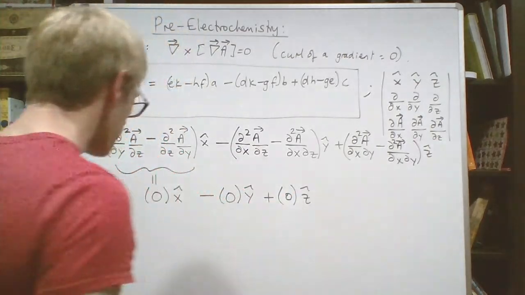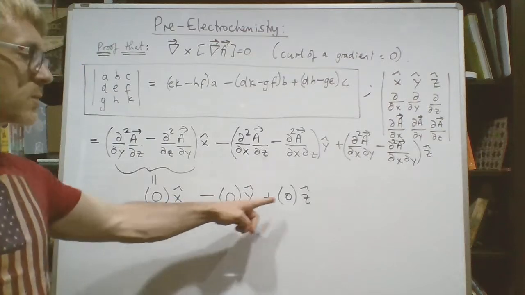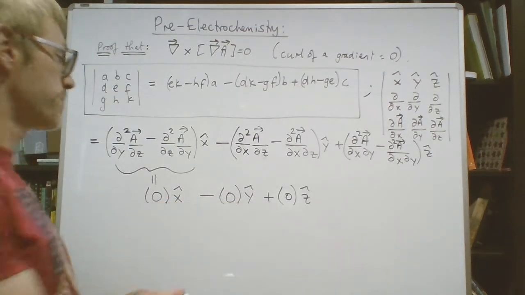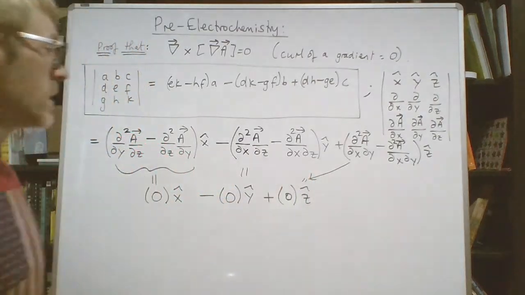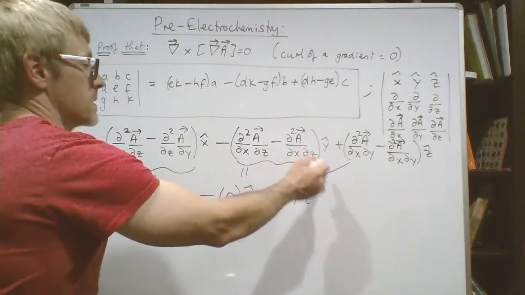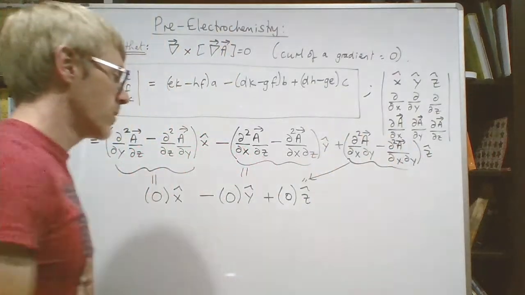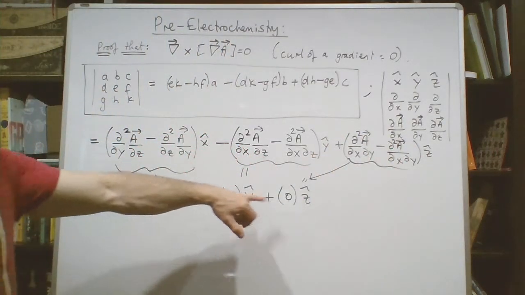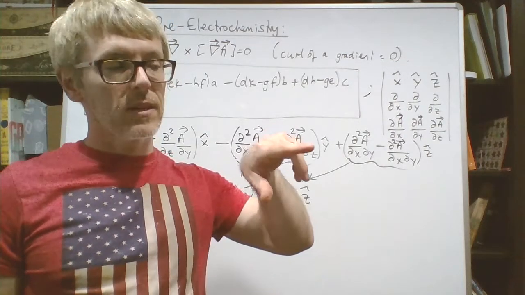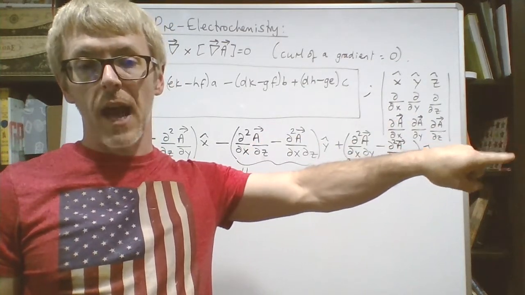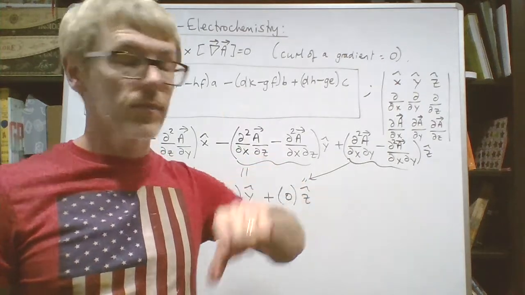And then we've got, again, two identical terms, opposite sign, 0 z roof. Well, remember what x, y, and z roof are. X, y, and z roof are unit vectors in the direction of the axes of magnitude 1.